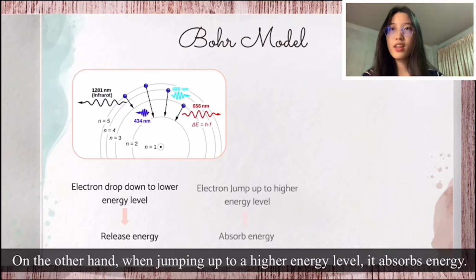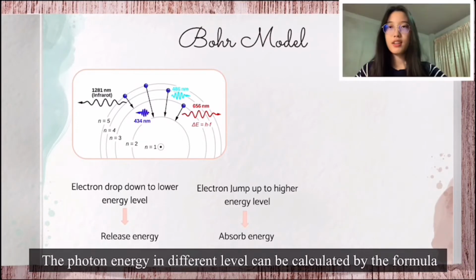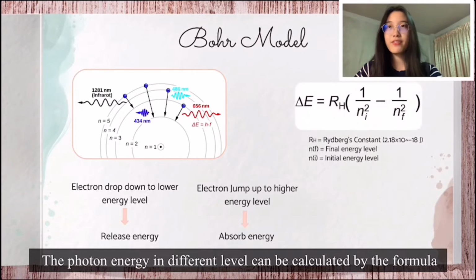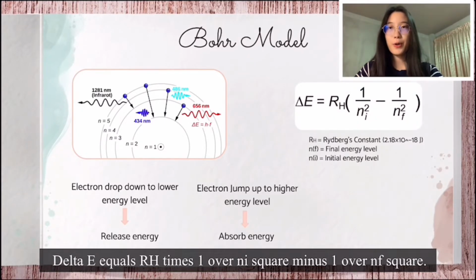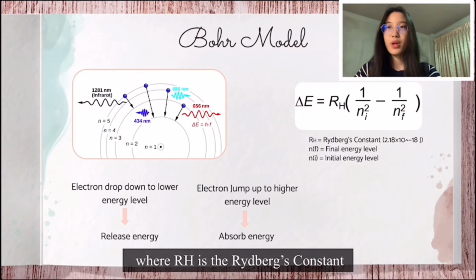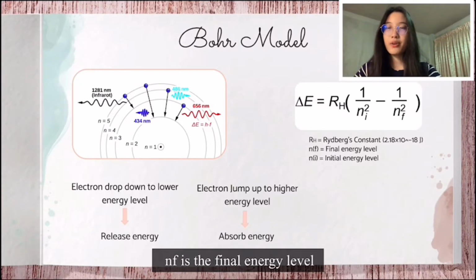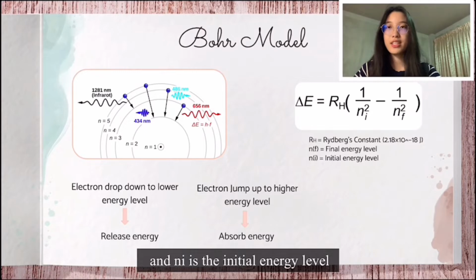On the other hand, when jumping to a higher energy level, it absorbs energy. The photon energy between different levels can be calculated by the formula delta E equals RH times 1 over Ni squared minus 1 over Nf squared, where RH is the Rydberg constant, Nf is the final energy level, and Ni is the initial energy level.